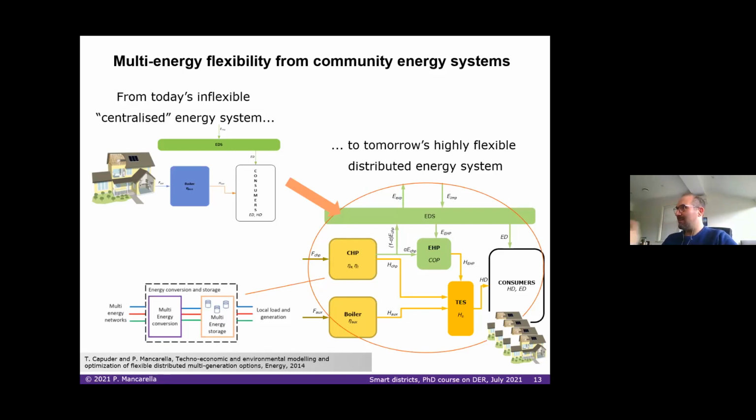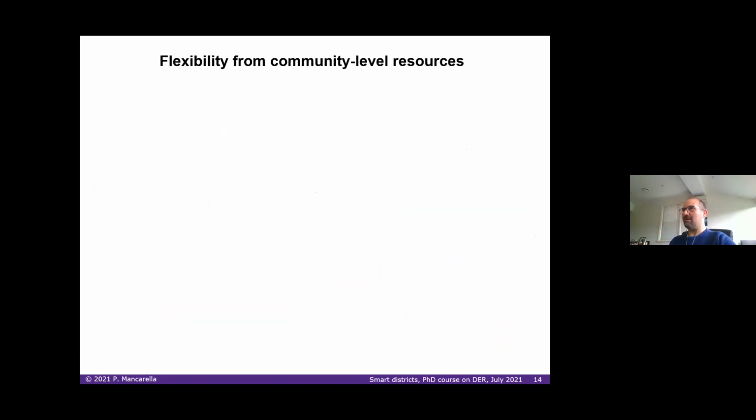And again, this has already been done in many countries, not with this level of complexity, which is still a bit research-wise. But we are moving in that direction in many countries, including Scandinavia, Germany, and slowly the UK. I think it's happening.